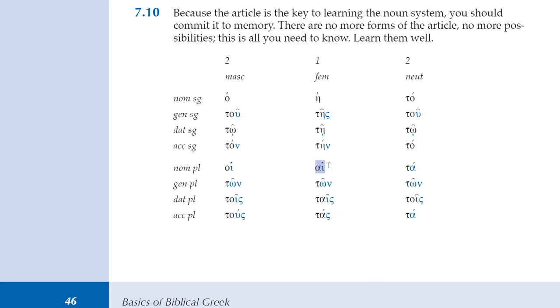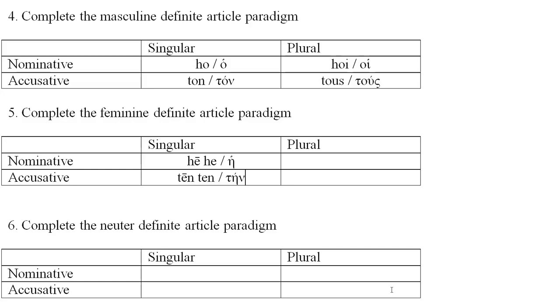So that is our alpha iota with a rough breathing mark. So up here under nominative, we'll say, it's back to English, hai. In Greek, that will be alpha and then iota with a rough breathing mark, so hai.